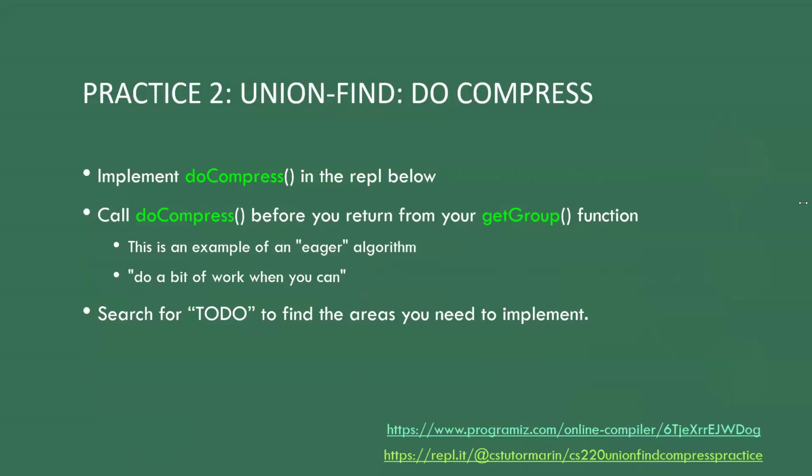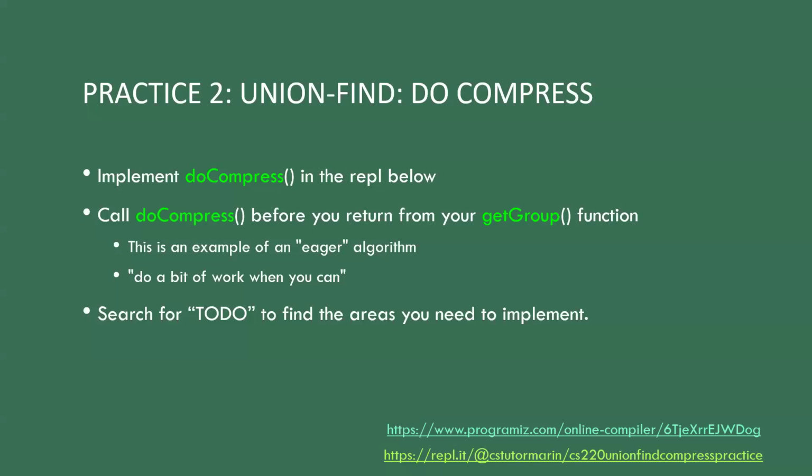So here's our call to do compress. What are we compressing to? We're going to compress all the way up to the parent, but this loop is finding the parent node. This temp node right here is an integer value that starts at the very bottom of the thing we're looking for, A, and we just keep searching for the parents, and then we know that's what we want to compress to.